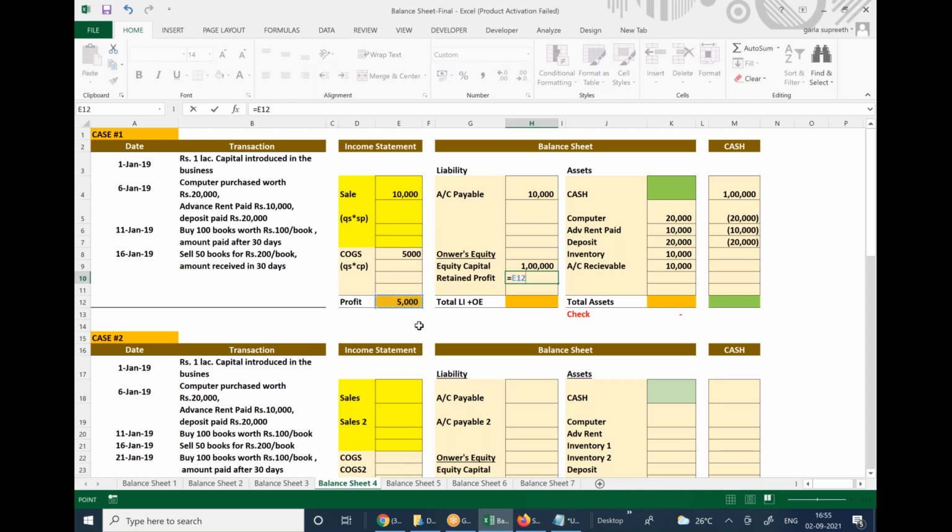Click on profit. Tomorrow, if I change profit to say 3,000, see what happens to your retained profit automatically. Even that changes. If I make it 2,000, even that changes. So whatever is my profit is my retained profit.